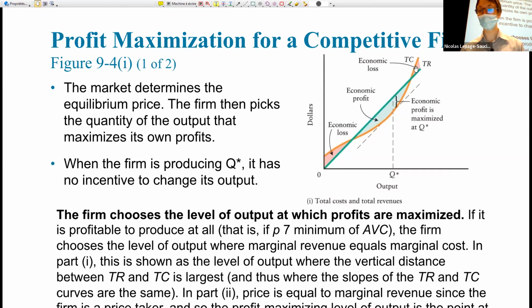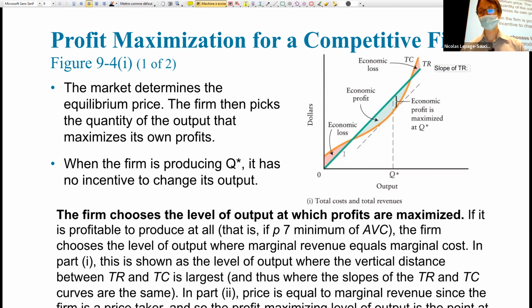Here, the total revenue curve is an upward sloping curve, and the slope of this total revenue curve, does somebody know? Maybe it's going a bit fast.